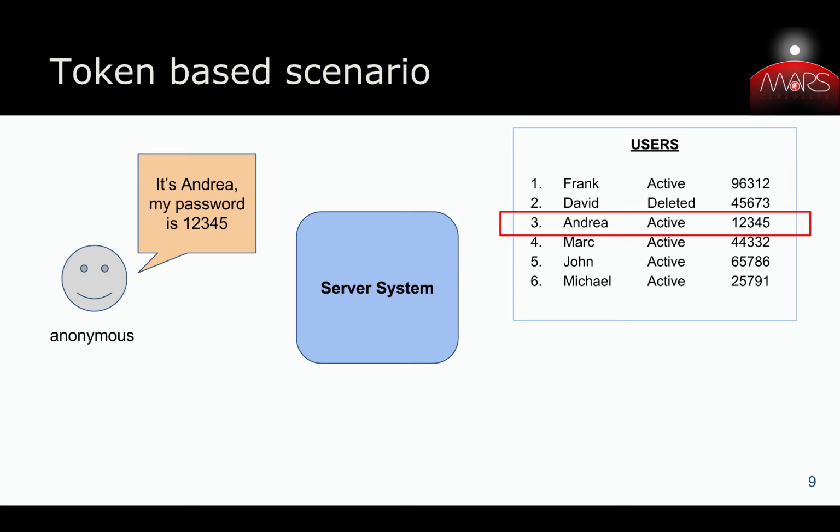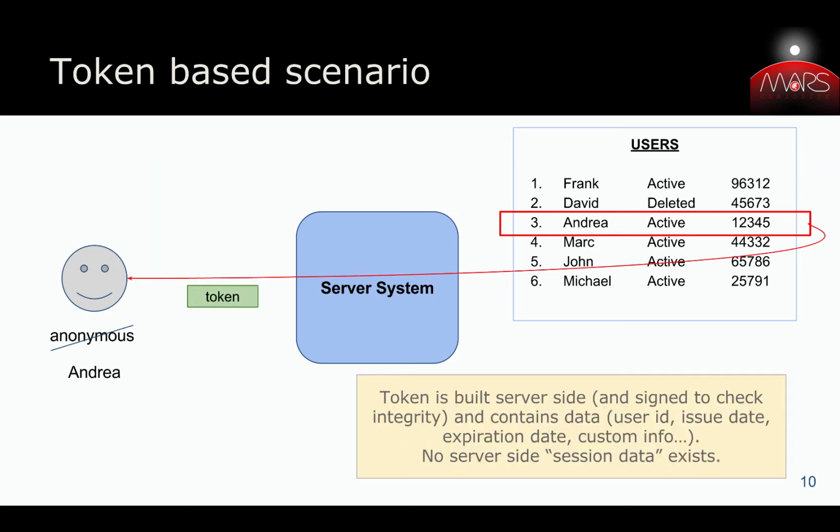Once the user presents himself with credentials as in the previous example, the server recognizes him as a valid user and builds a token, a piece of information stored and encoded in a certain way. This token is given to the user without the server storing a copy, and it can contain the additional data we have seen in the previous example.